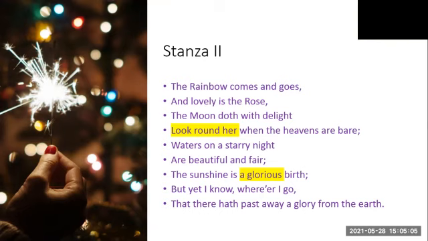No, of course, he doesn't mean earth has lost its glory. No, he lost this feeling of glory in the earth. So we have glorious and glory repeated in the same stanza. And also we have the word glory in stanza 1.